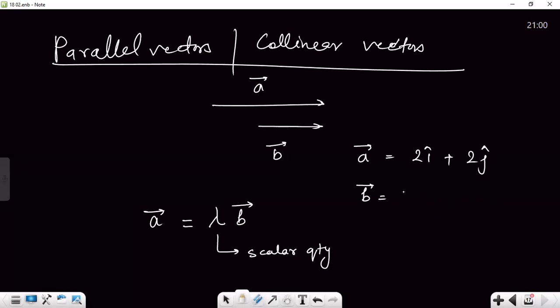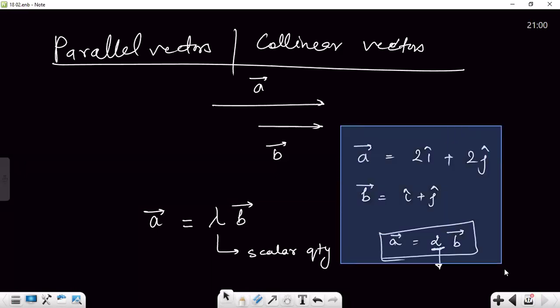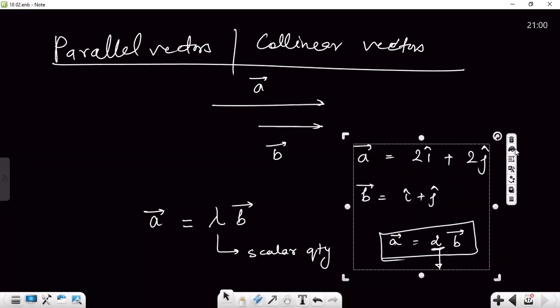B vector is i cap plus j cap. So here A vector can be written as 2 into B vector. So 2 is the scalar here. Basically, the direction of both is the same and the magnitude is different. Clear? Any doubt? No, sir. This is an example.